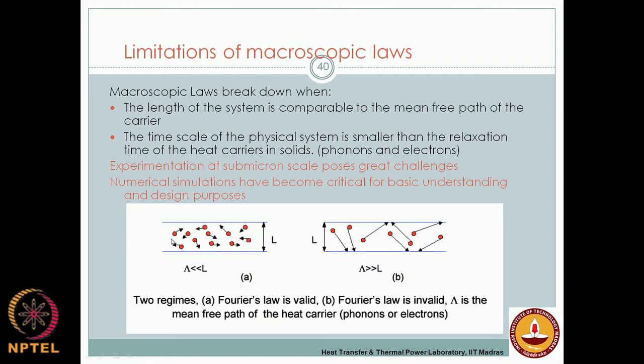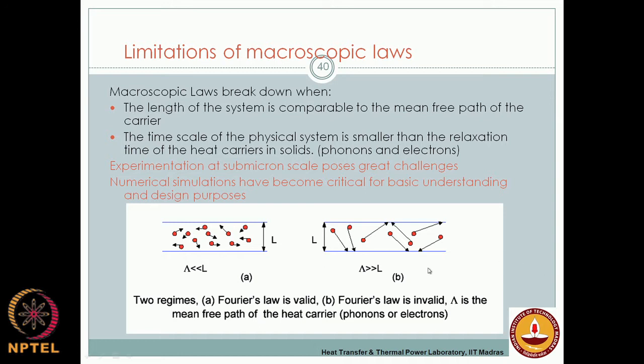So in this case you have a sufficient statistical ensemble of particles to define macroscale properties such as internal energy, temperature, density and so on.